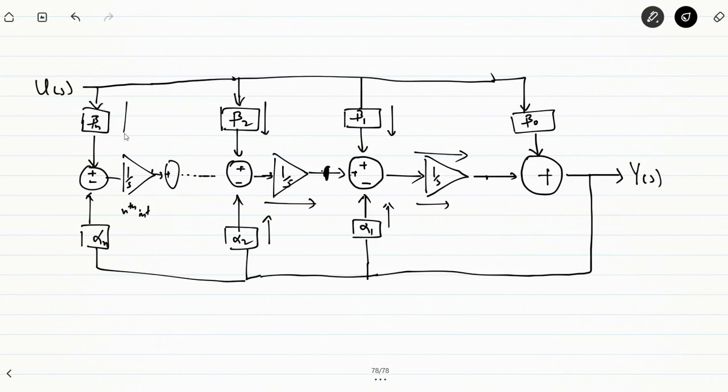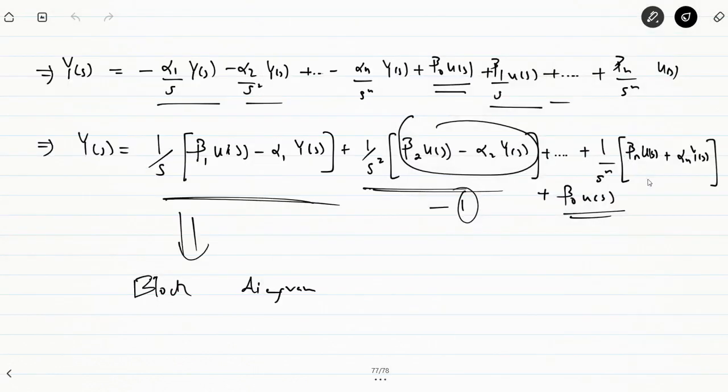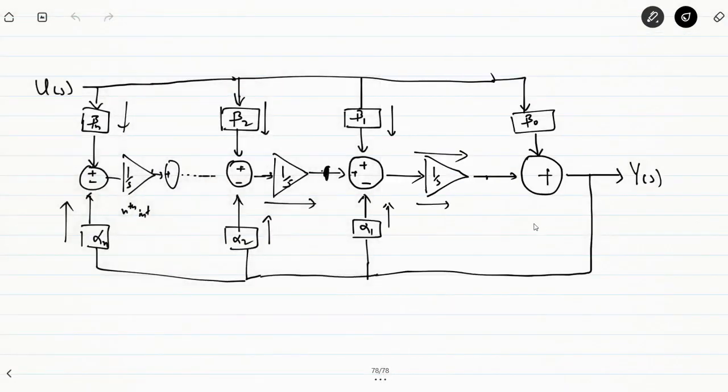That means यहाँ से जो term आ रही है बीटा n us, यहाँ से आपका minus alpha n y of s, it will pass through n integrators. That means at the output of this we will be getting 1 by s raised power n beta n u of s. So each and every term will be passed through the number of integrators they need to be multiplied with, so as to obtain the output response.